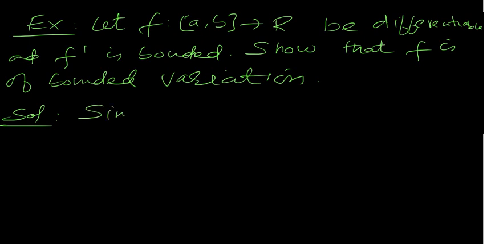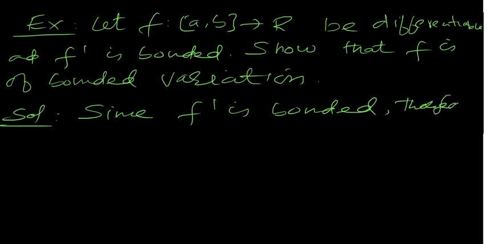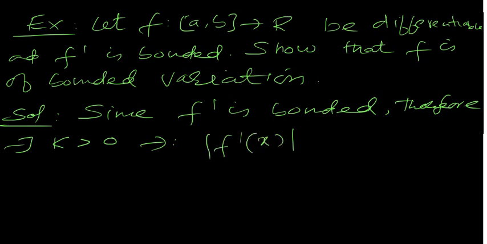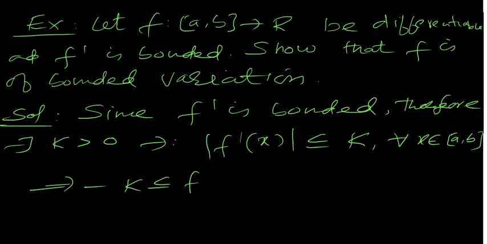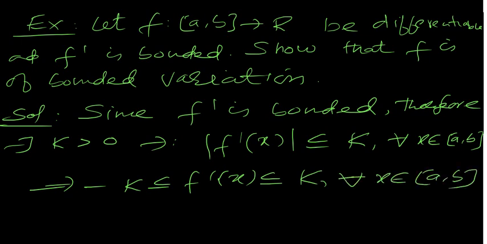Since f dash is bounded, therefore there is a positive number k such that mod of f dash x is less or equal to k for all x in the interval [a, b], which implies minus k less or equal to f dash of x less or equal to k for all x in [a, b].